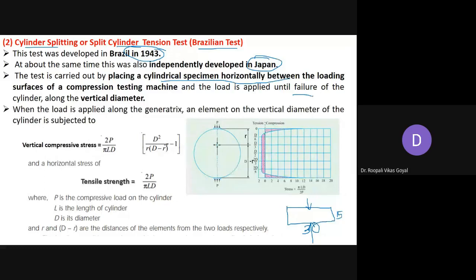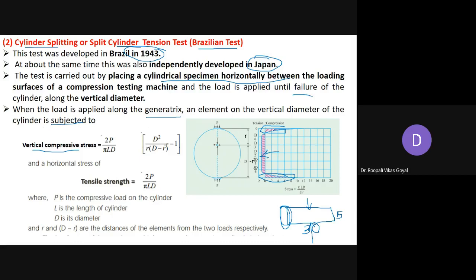Along the vertical diameter, somewhere the failure will come and it will split. When the load is applied along the generatrix, different types of stresses are developed. First is the vertical compressive stress. I have told you that this portion would be under compression, almost 1/6 of the portion, and the rest, 5/6, would be under tension.